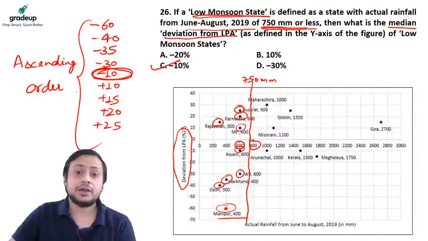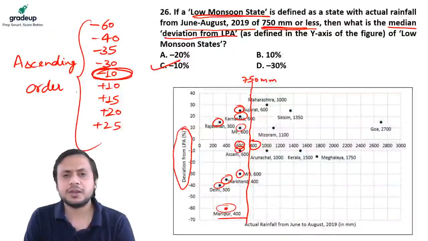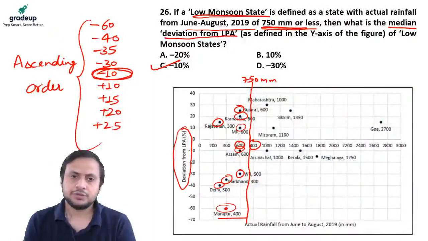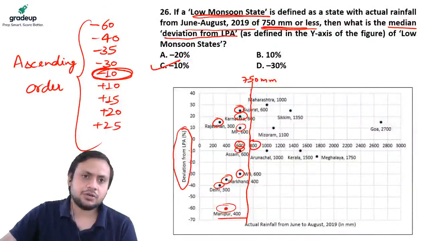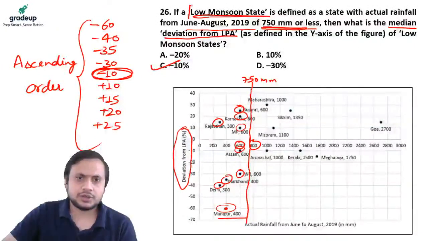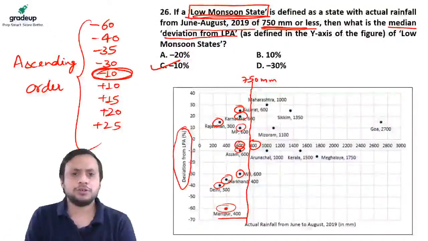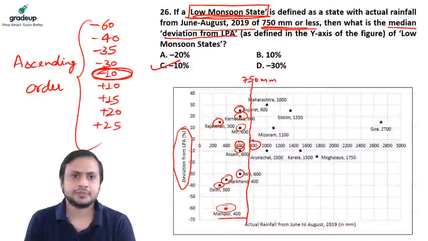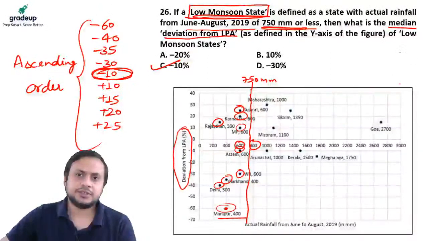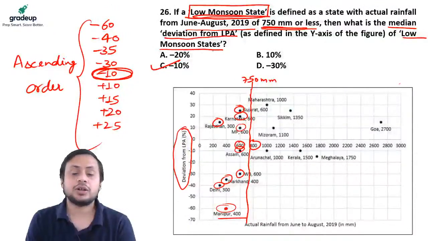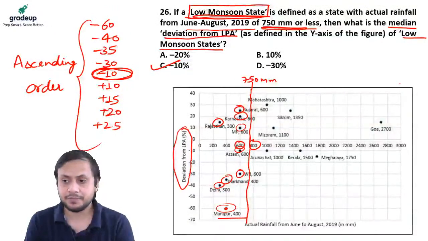Since there are 9 values, an odd number, we simply write the middlemost value. We are talking only about low monsoon states, not all states, that is, where actual rainfall is less than or equal to 750 mm.